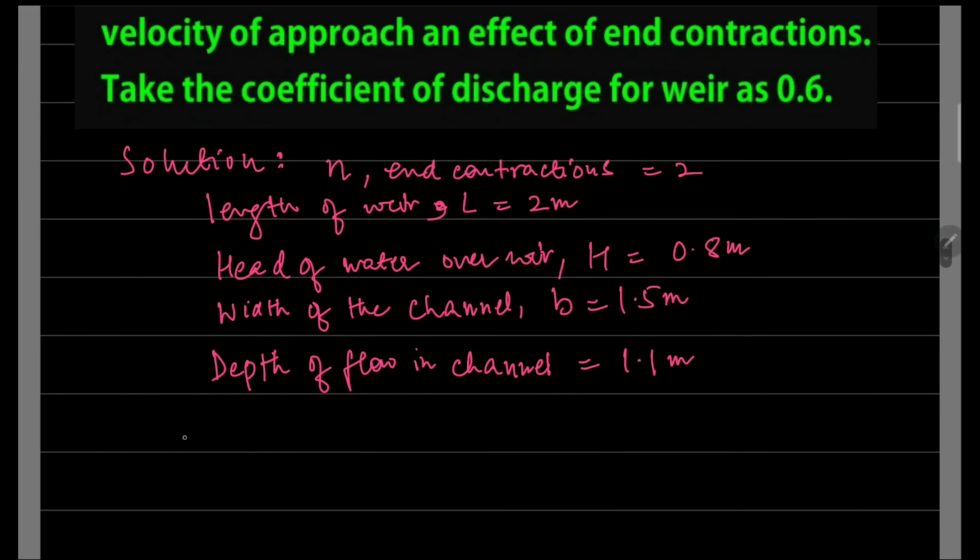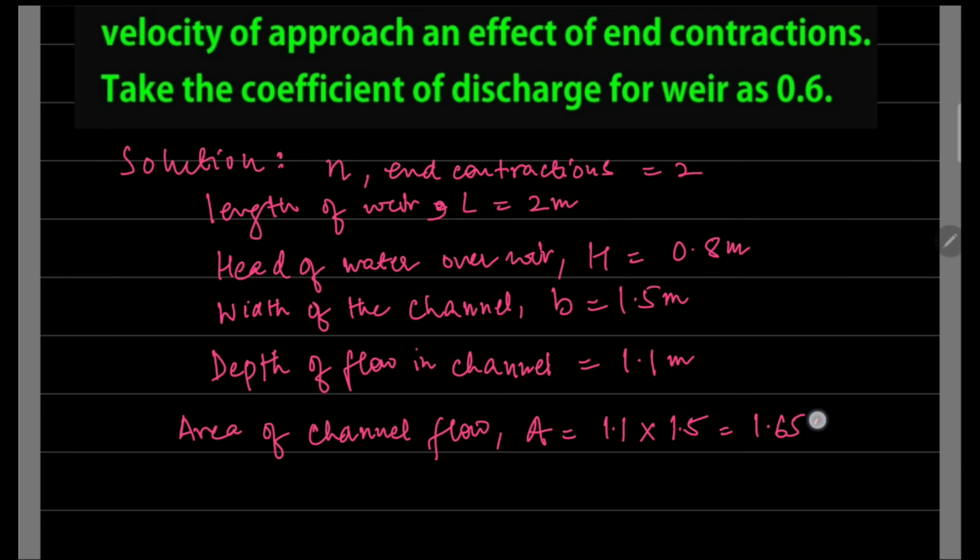This area of flow of channel is written with the letter A. So A is equal to depth of the channel multiplied by the width of the channel. So depth is 1.1 meter and the width of channel is 1.5 meter. So let's calculate this value. This comes out to be 1.65 meter square.